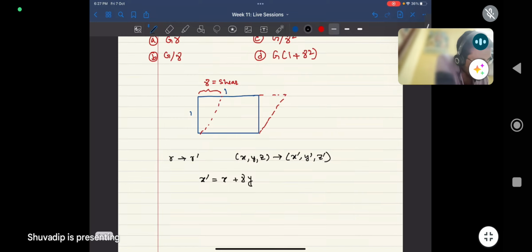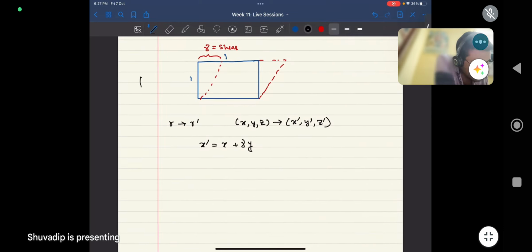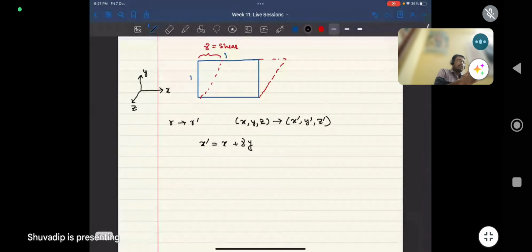The coordinate axis here is like this: this direction is x, this is y, and this is z. All the deformation has happened in the x direction, and the y and z directions are completely unchanged. So y prime is y, z prime is z.